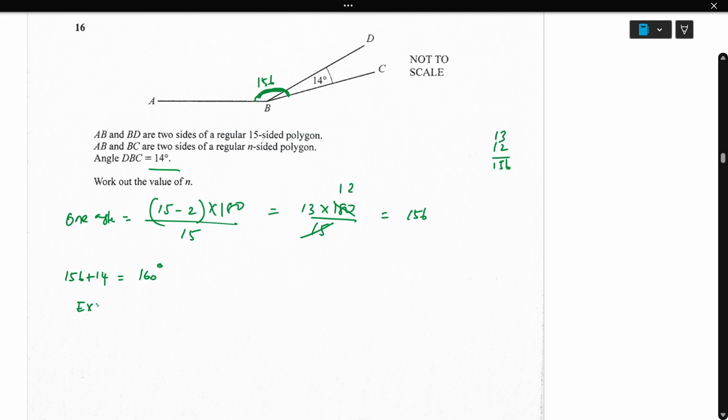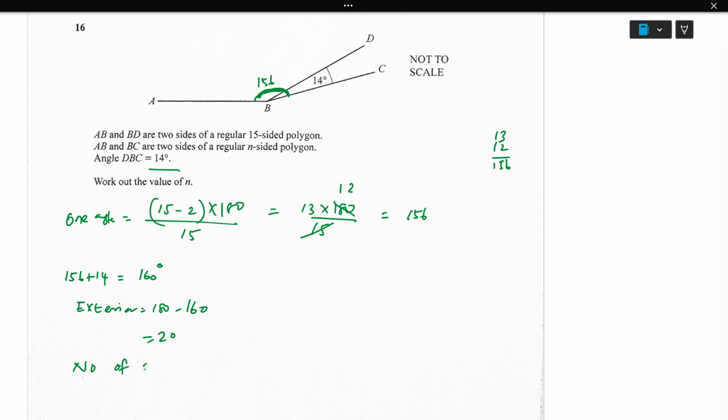So I'll find the exterior angle. The exterior angle is 180 minus 160, which is 20.